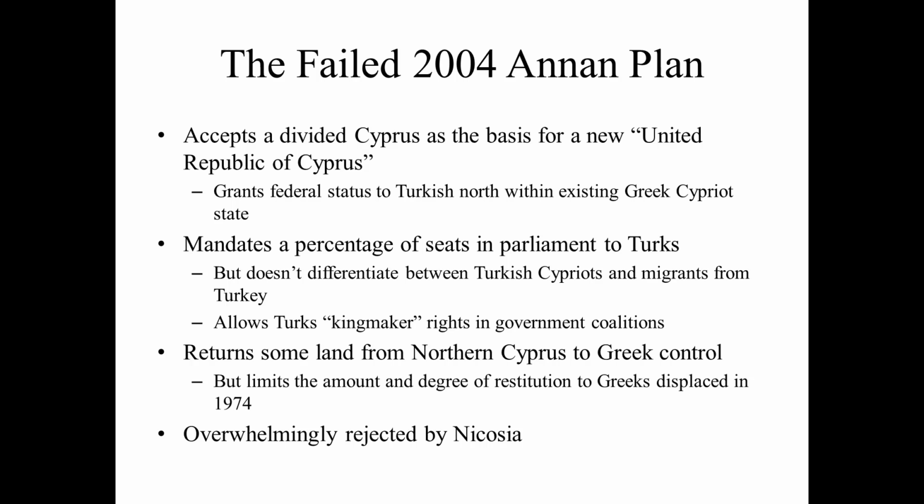And all of the internal mechanisms of Turkish Cyprus would remain, but just be subordinated to the Greek Cypriot state. But in addition to that, the Cypriot parliament would have a mandated number of seats reserved exclusively for the Turks. So in other words, even if the Turks had boycotted all of the elections, there would be a reserved number of seats that are only for ethnic Cypriot Turks.